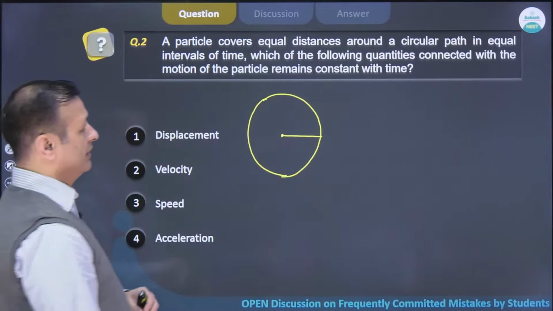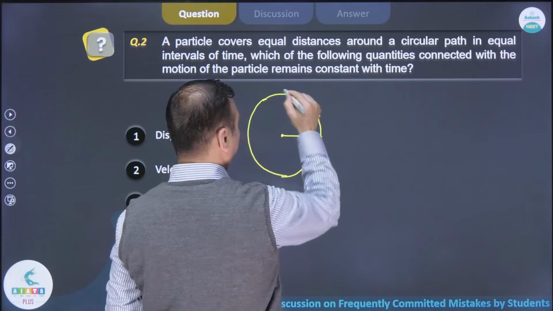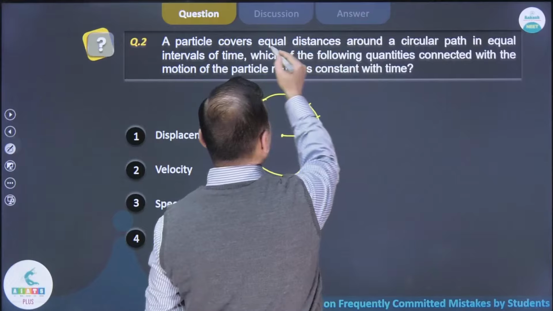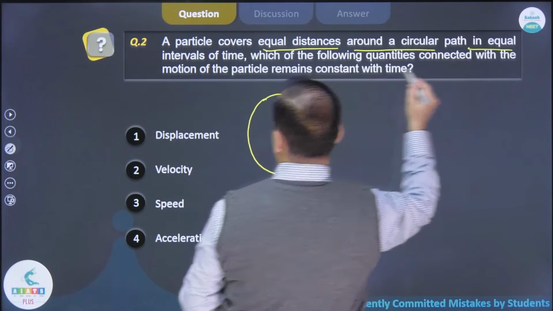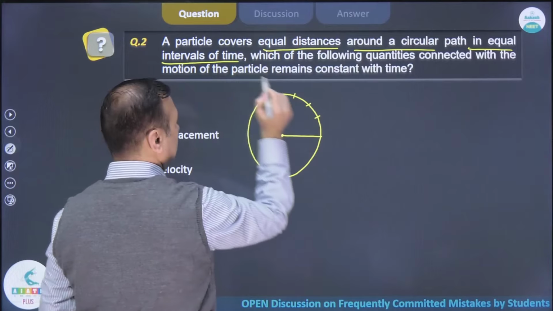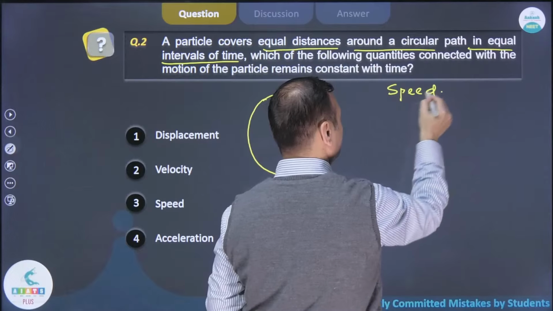The particle covers equal distances in equal intervals of time. So when you say equal distances around a circle in equal intervals of time, it means this is uniform circular motion.